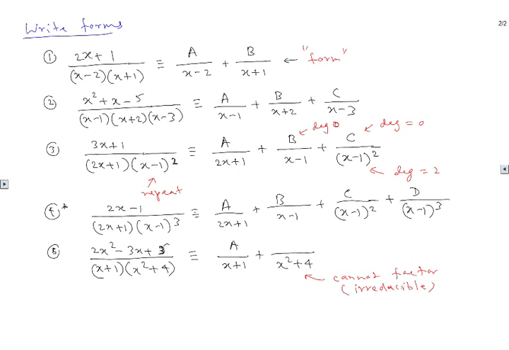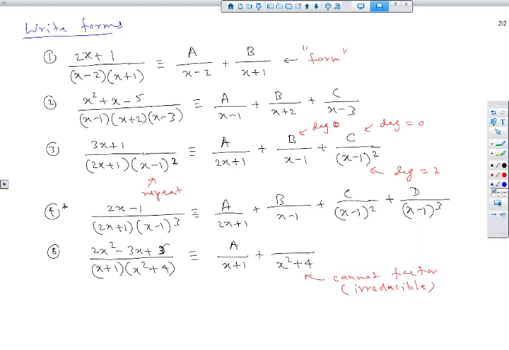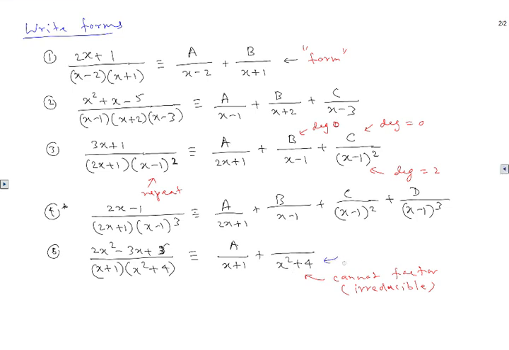So what we can do is write the numerator with degree 1 less than the degree of the denominator. The denominator is degree 2, so the numerator has to be degree 1.